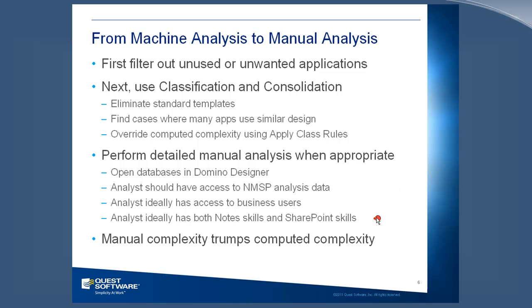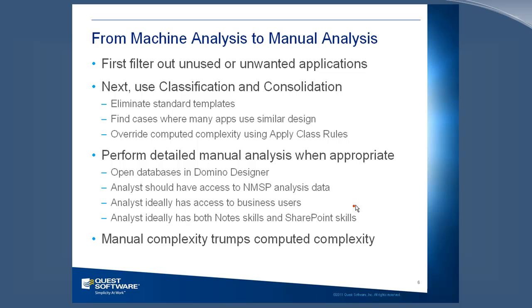It's also ideal if the person doing this analysis has access to the business users, because they can ask the business users, what is this function supposed to do, or do you really need this anymore? And the more you can talk to the business, the more you can reduce your estimates and get more realistic manual analysis done.